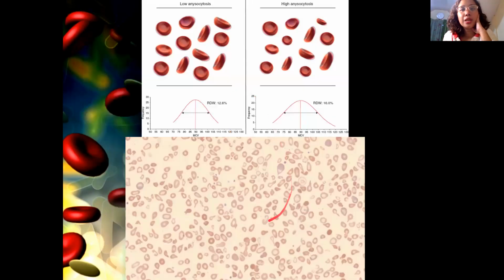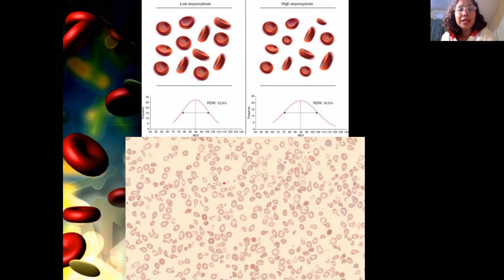So this is an example photo of a smear, guys, which has an increased RDW or red blood cell distribution width. The normal value of the red blood cell distribution width is about 11%.